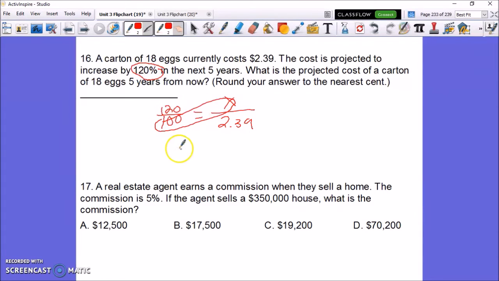So that is our proportional relationship. Now we're going to cross multiply. That gives us 100x is equal to 120 times $2.39, which is going to equal $286.80. And now we're going to divide both sides by 100.